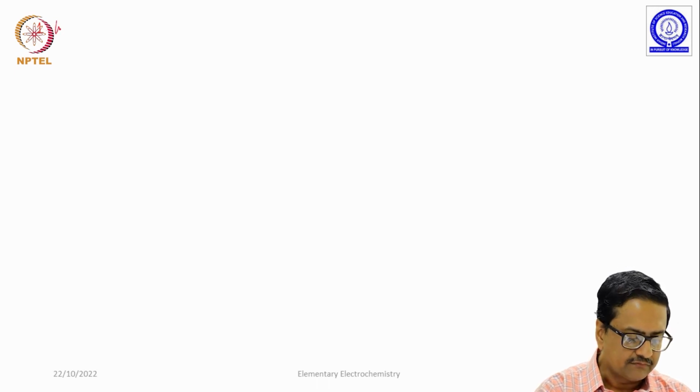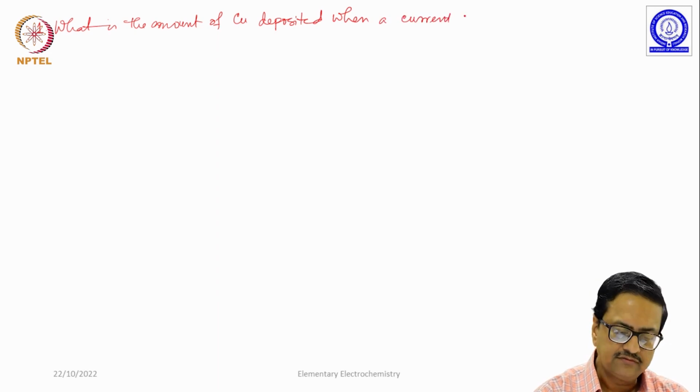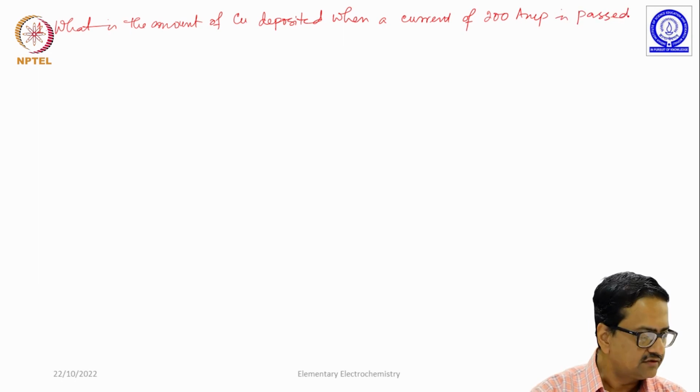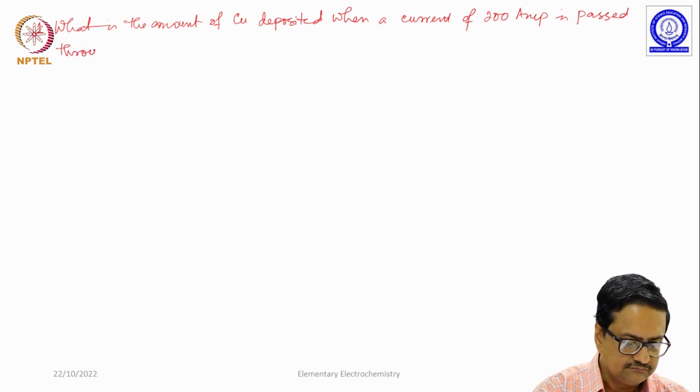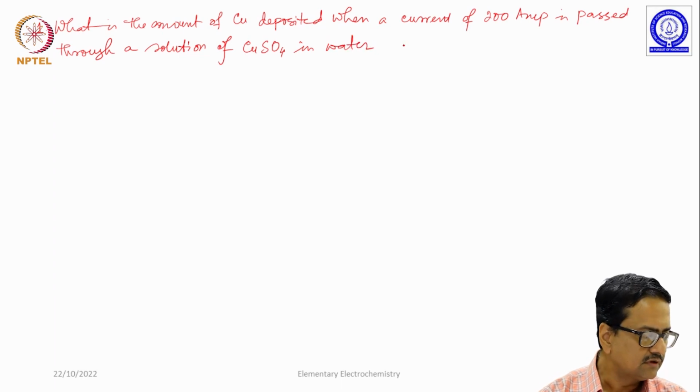What is the amount of copper deposited when a current of 200 ampere is passed through a solution of copper sulfate in water for 50 minutes?